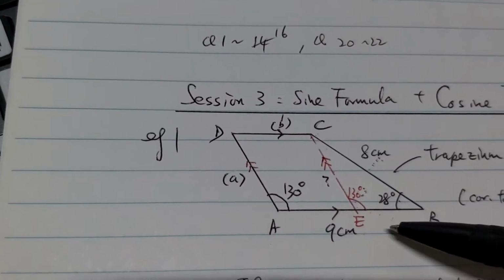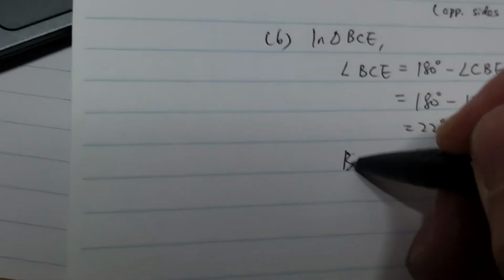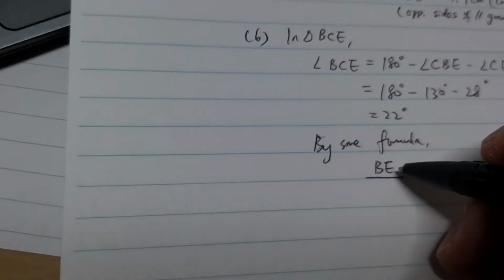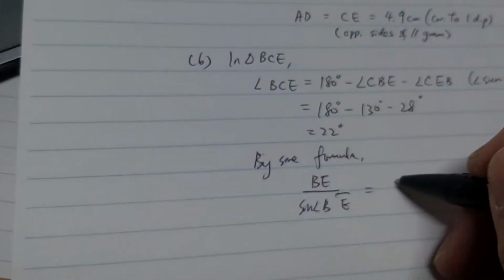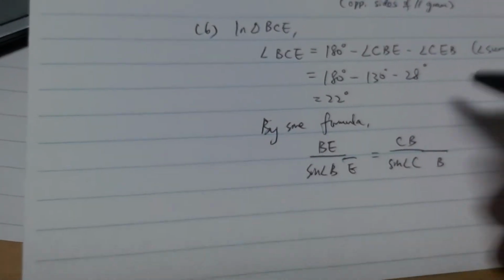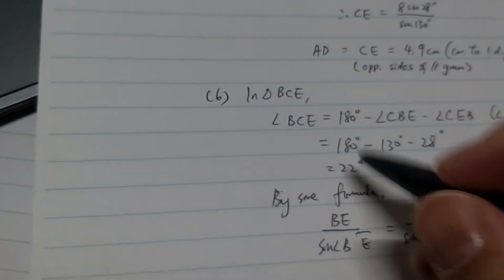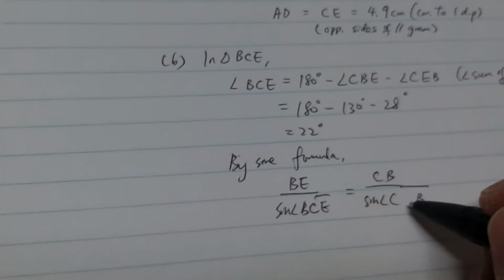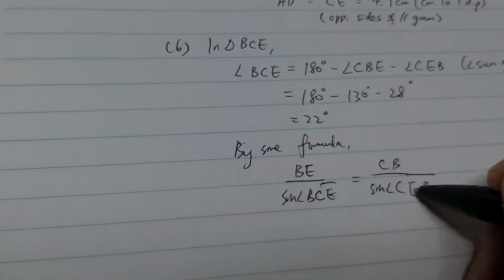We can use the sine rule to solve for BE. By the sine formula or sine rule, what we want to find, write it first: BE over sine angle BCE equals BC over sine angle BEC.